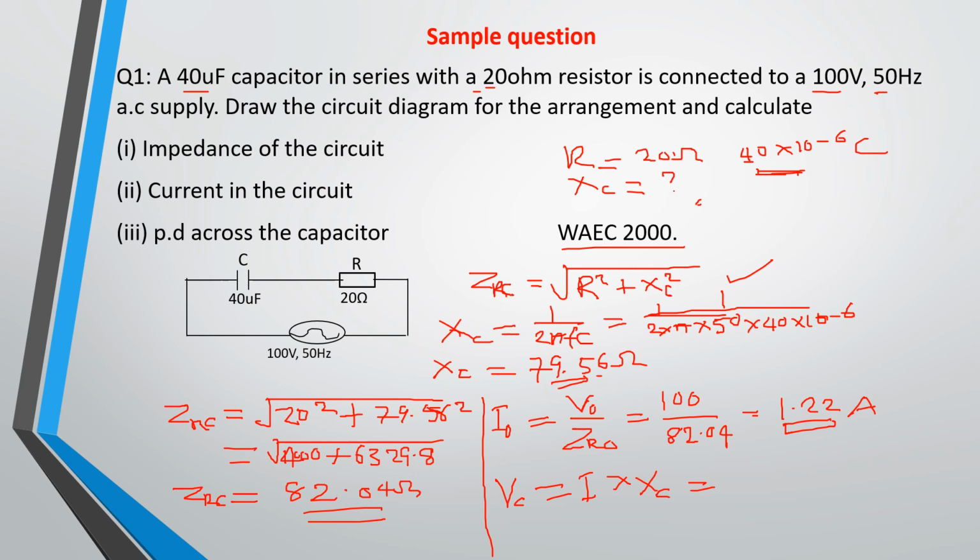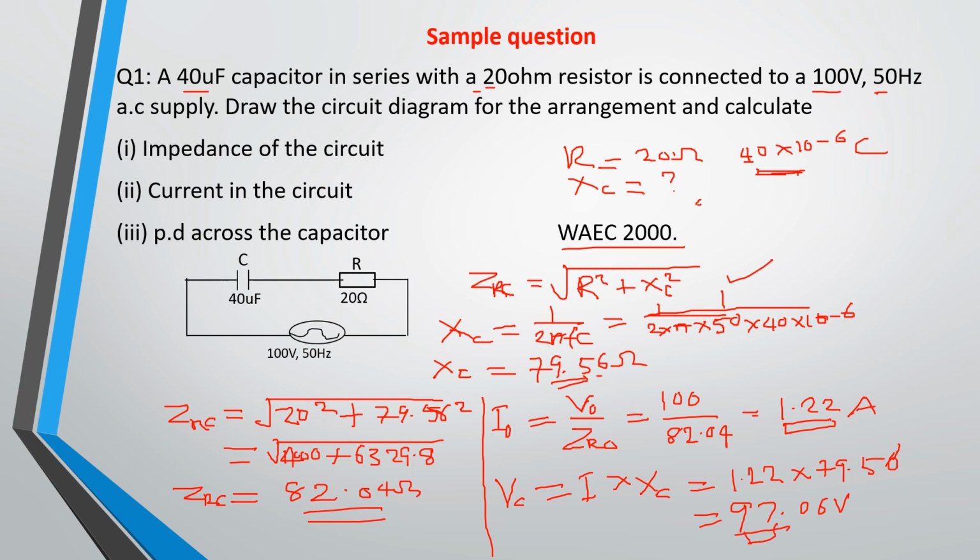So do that multiplication, 1.22 multiplied by 79.56. Okay, so by the time you multiply that out, you are going to have that the voltage across the capacitor is equal to 97.06 volts.